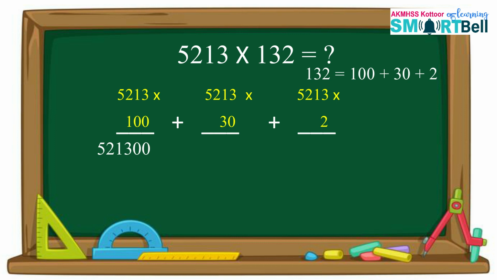And what will be the result if we multiply 5213 with 30? Yeah, just multiply 5213 with 3 and add a 0. What will we get if we multiply this with 3? We will get 15,639, and we add a 0 to it and it results in 1,56,390.